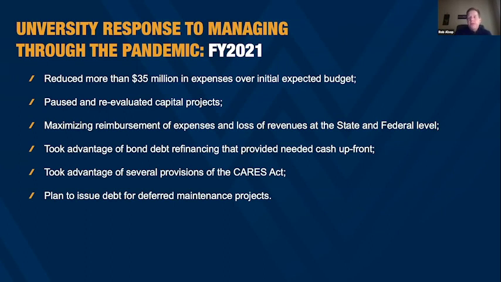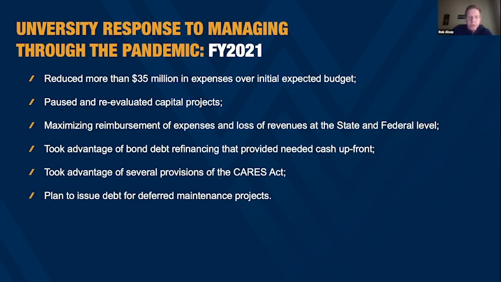As I mentioned, we are taking advantage of some bond debt refinancing. We took advantage of several other provisions of the CARES Act, and then we are going to issue some debt for some deferred maintenance projects. And let me just hit on that. Each year, we spend several million dollars, I think it's around 40, on deferred maintenance projects around the institution. And so whether that's classroom refreshes or fixing infrastructure such as piping or work with utilities, there's a certain amount of work we do to our buildings to keep them refreshed.